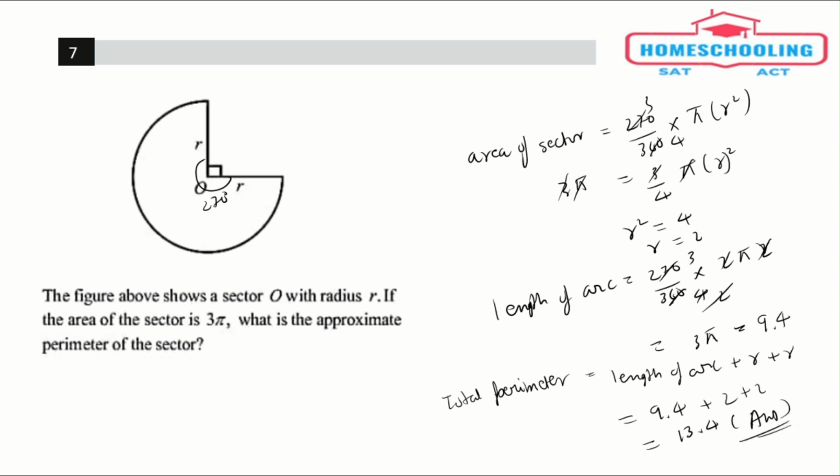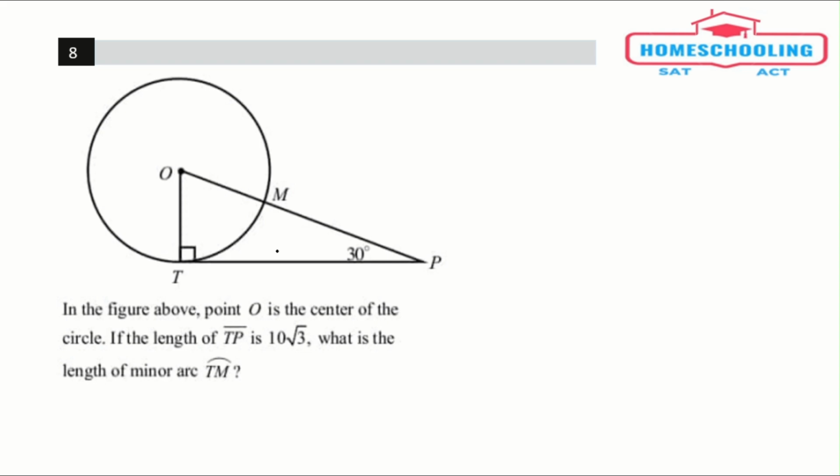Now moving to the next question. In the figure above, point O is the center of the circle. If length of TP is 10 by under root 3, what is the length of minor arc TM?